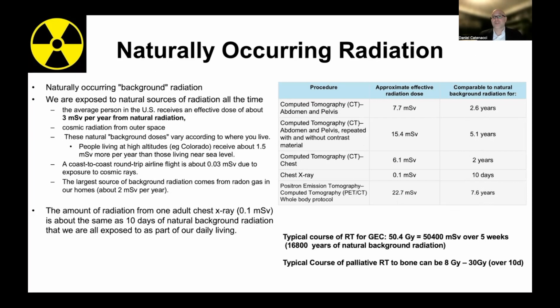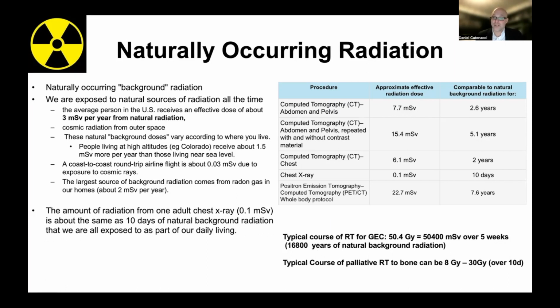This is in stark contrast now to the actual doses that are used in radiation therapy for oncology for gastroesophageal cancer. So in the curative setting, a typical dose of radiation that's given to the G junction and esophagus is 50.4 gray, which is 50,400 millisieverts over 5 weeks. So that would be equivalent to 16,000 and change years of natural background radiation.